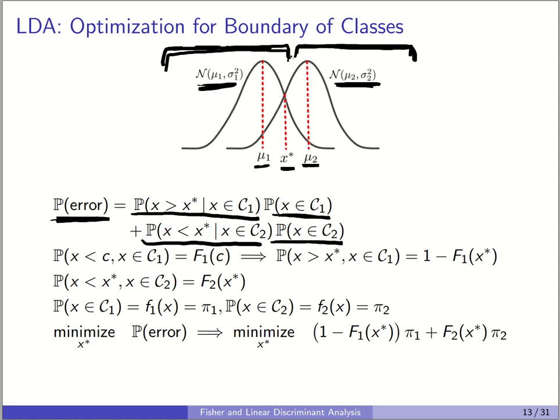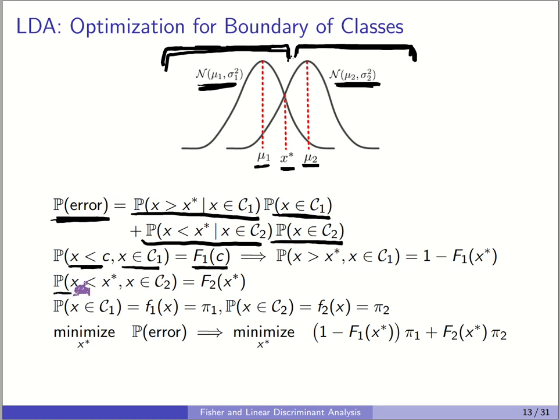We know that the probability that x is in class 1 and x is less than x star is the CDF of class 1 at x star. This is the definition of CDF, a cumulative distribution function. Here p is the probability density function, and F1 is the cumulative distribution function.